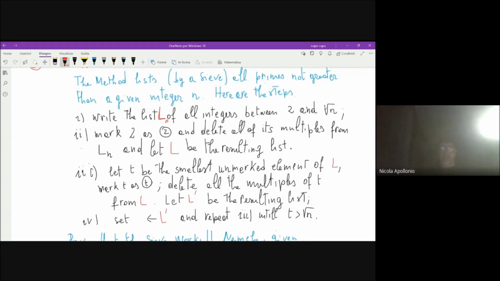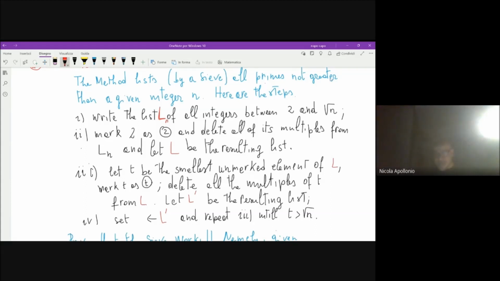You can pick the smallest unmarked element in this list and mark it. We know that this smallest element is 3, but in general, we don't know which one it is. So pick the smallest unmarked element in the list and mark it, delete all the proper multiples of this marked element, and repeat.